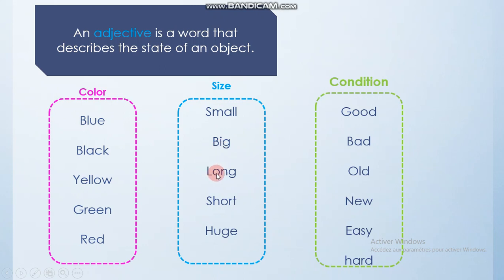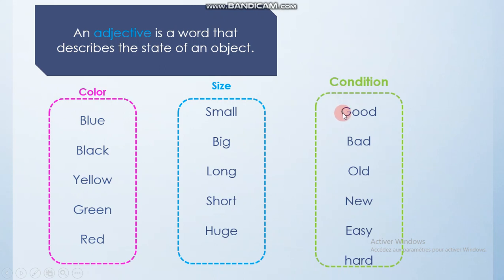So here I am telling you about the size. And these words are also adjectives because when I use one of them, it means that I am describing how something looks.